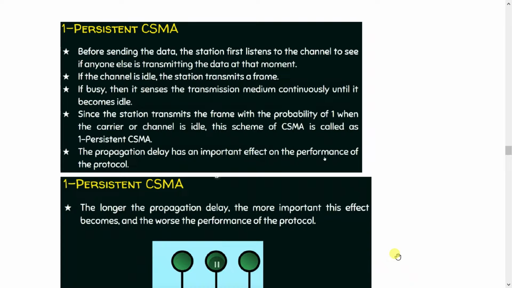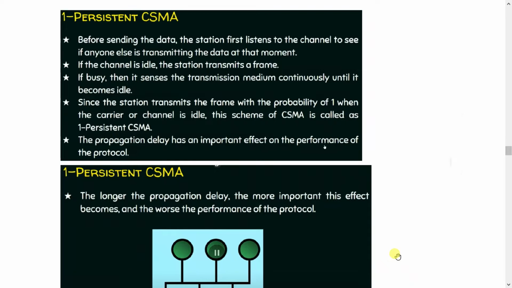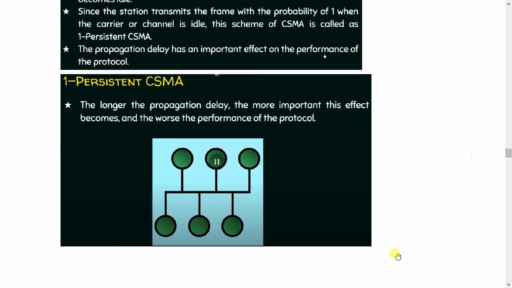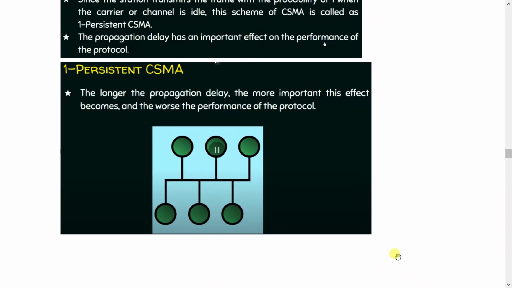The propagation delay has an important effect on the performance of this protocol. The longer the propagation delay, the more important this effect becomes and the worse the performance of the protocol. So why is this happening?